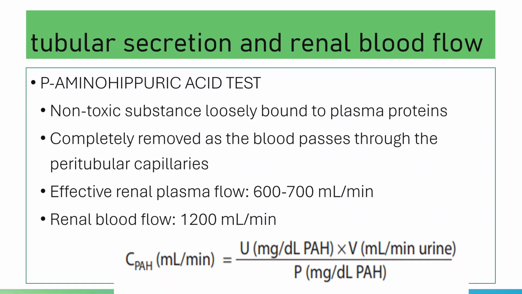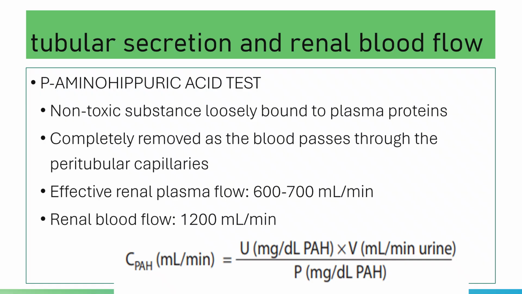Please note that the volume of plasma flowing through the kidneys will determine the amount of para-aminohippuric acid excreted in the urine.